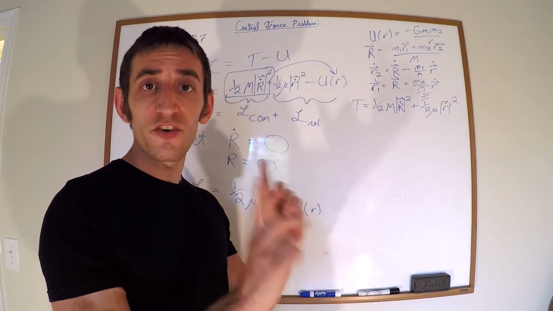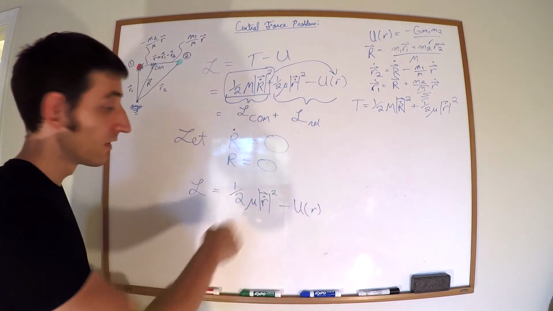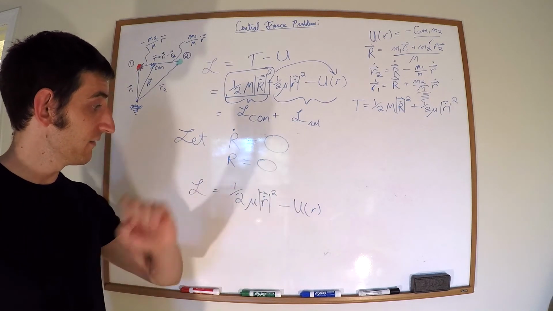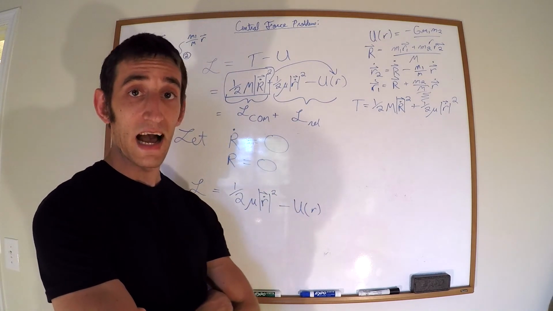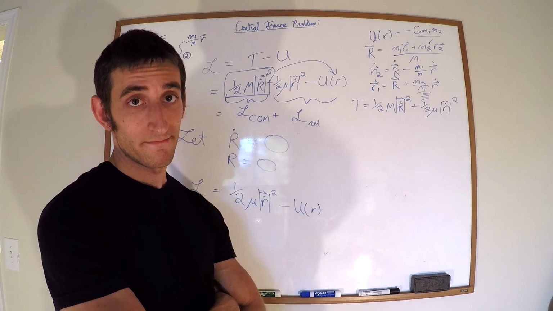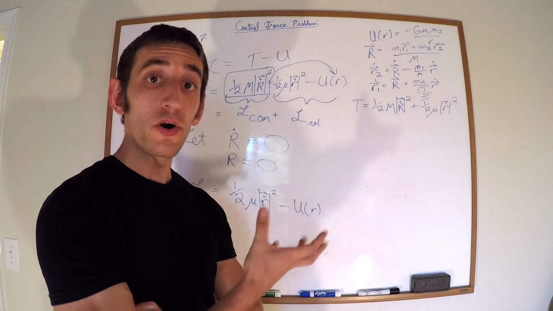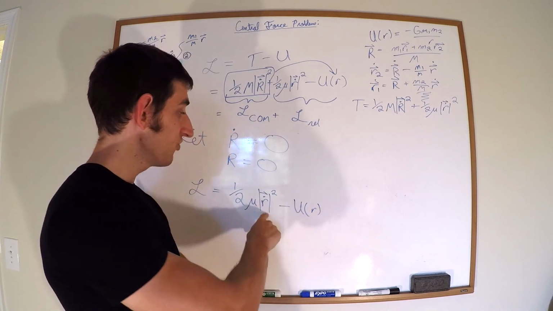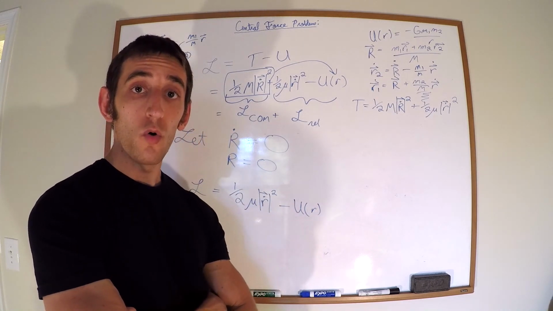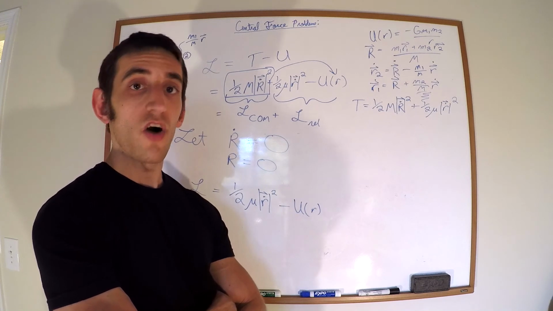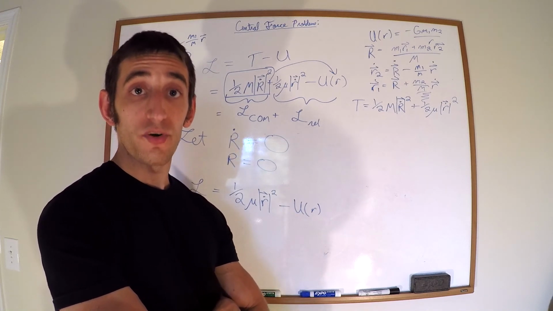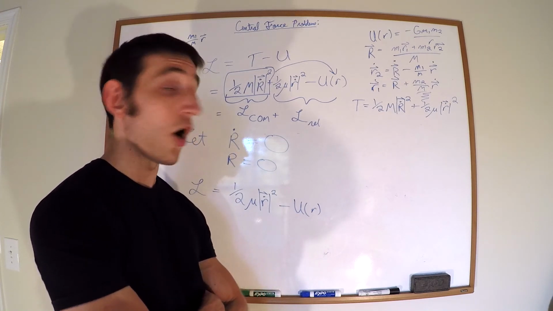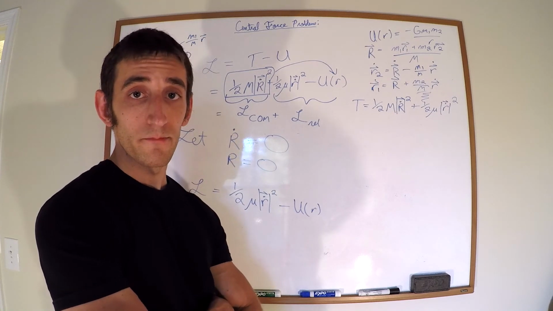We went from 6 degrees of freedom down to the 3 for that guy, because we need 3 coordinates to define that. And since we only have one generalized coordinate in here, we're only going to have Lagrange equations for those 3 coordinates for r, basically rx, ry, and rz.